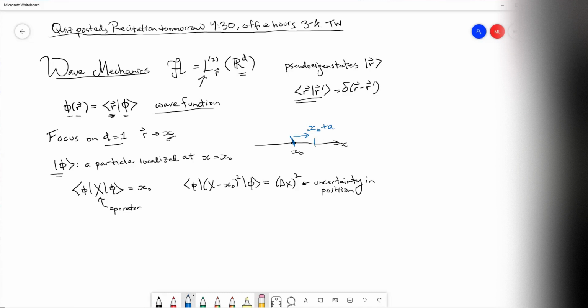And so if we have that translation, we would take phi to a new state, phi prime, which would correspond to a translated particle. You just move it. Maybe we don't even have to call it prime, but maybe phi a or something, some new state.